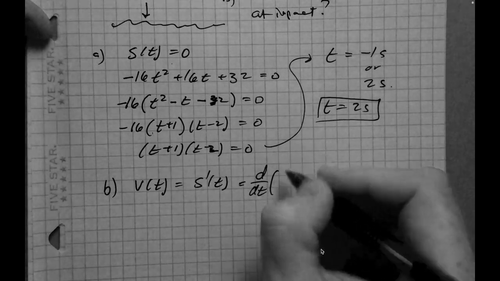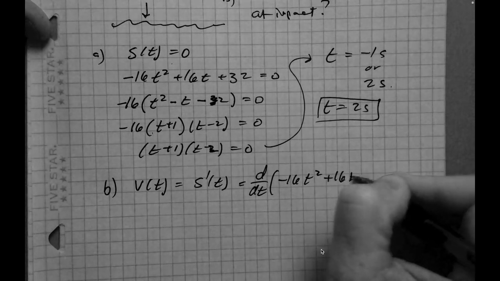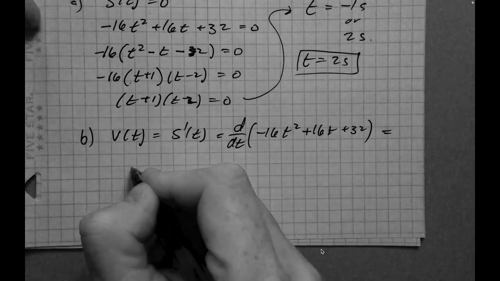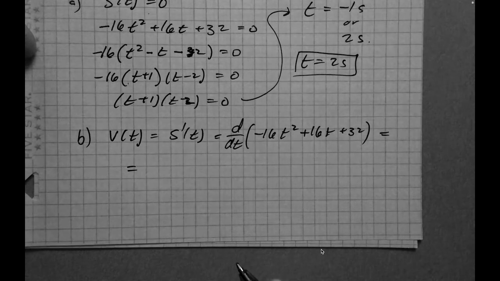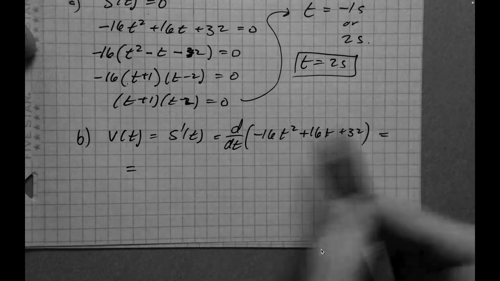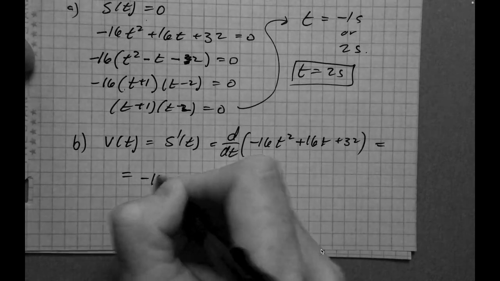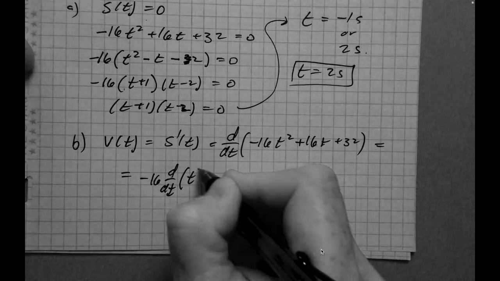So we can plug in negative 16t squared plus 16t plus 32. It's a simple polynomial, no problem. And for the velocity function, we'll end up with, and again, we can break this all apart using all the rules and everything. Maybe I'll do that just to be careful, just to make sure that people can see. That's sort of the point of the section.